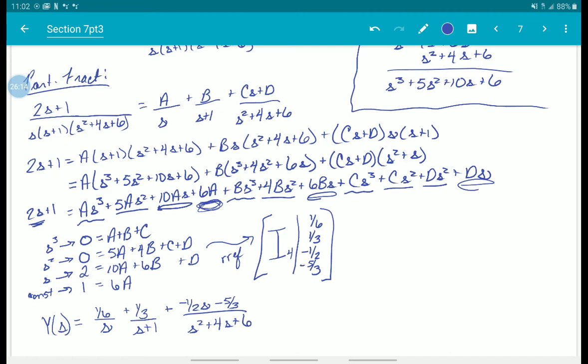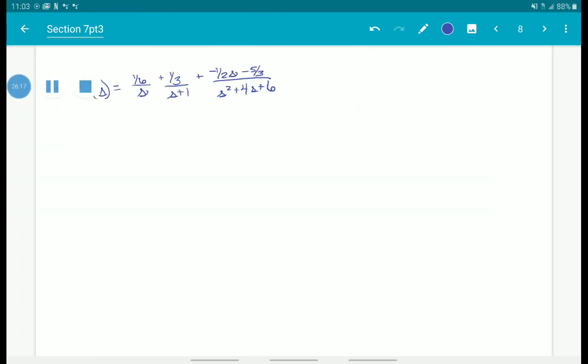So now we've got to deal with that guy. Eventually we're going to have to take the inverse Laplace. But before we do, we're going to have to split the numerator for that last term. So I'm going to write this as a minus 1/2 s over s squared plus 4s plus 6, and a minus 5/3 over s squared plus 4s plus 6.